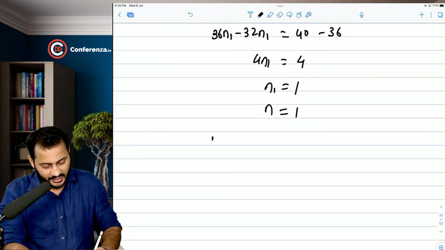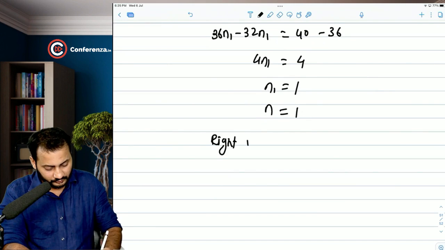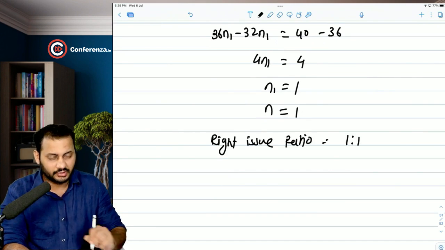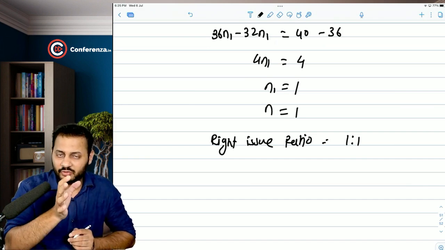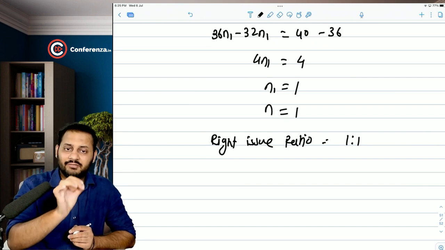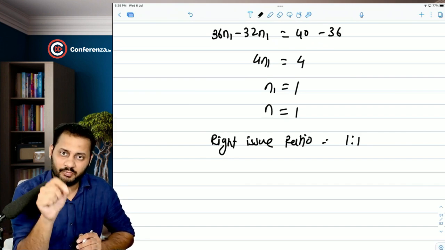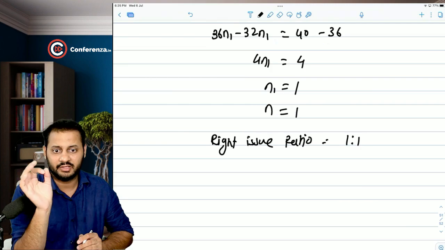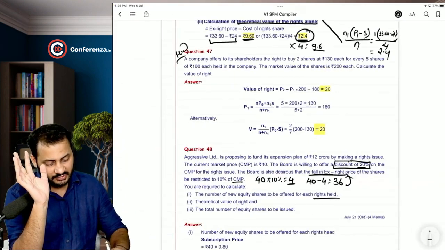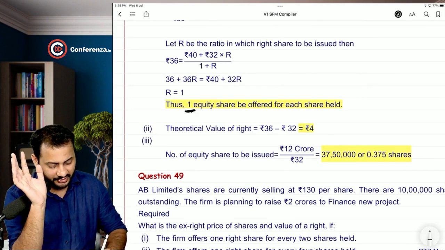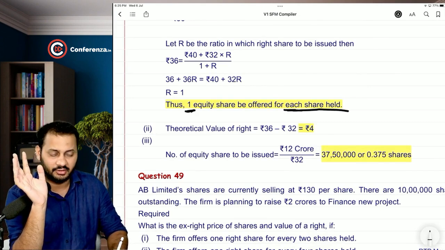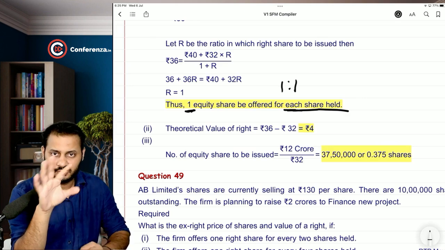So the rights issue ratio is 1:1. For every 1 share that an equity shareholder is holding, he will get a right to buy 1 more share at a discounted price. So the answer comes to 1 equity share to be offered for each share held. The ratio is 1:1. Clear?